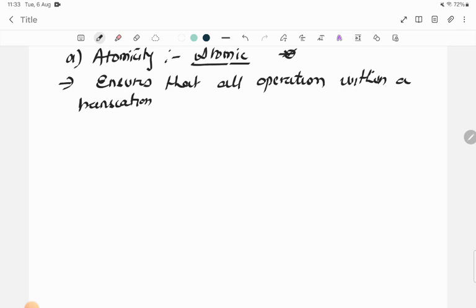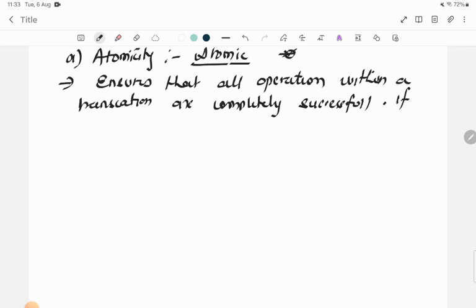transaction are completely successful, or we can say all the operations within a transaction are completed successfully.